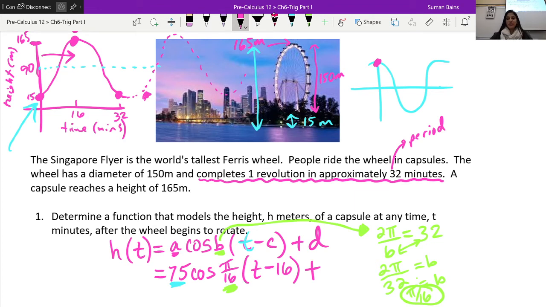This is good review. When we're talking about this D value, our phase shift, that's referring to the midline. So the midline, see here, it's usually at 0. Where is it on this graph? It's at plus 90. So we move this up plus 90.